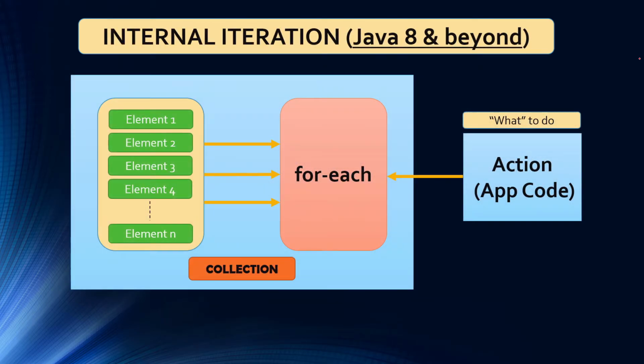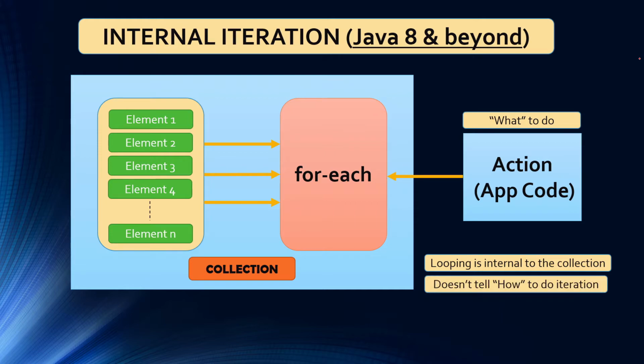If you take a look at this picture which illustrates internal iteration, the first thing to notice is that looping is internal to the collection. The developer is only specifying the action, that is what to do, and is not defining how to do the iteration. So it is pretty clear that the focus is more on what to do and not how to do.